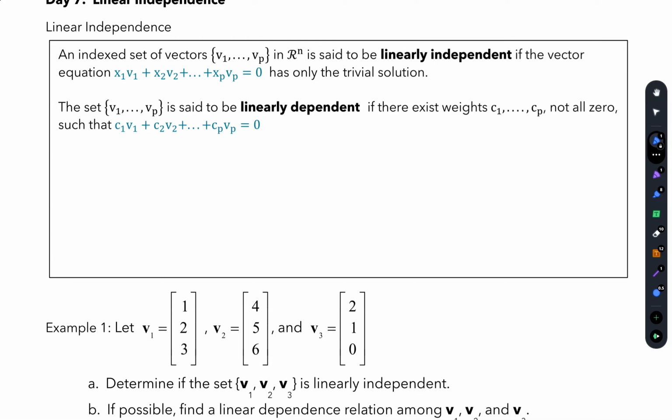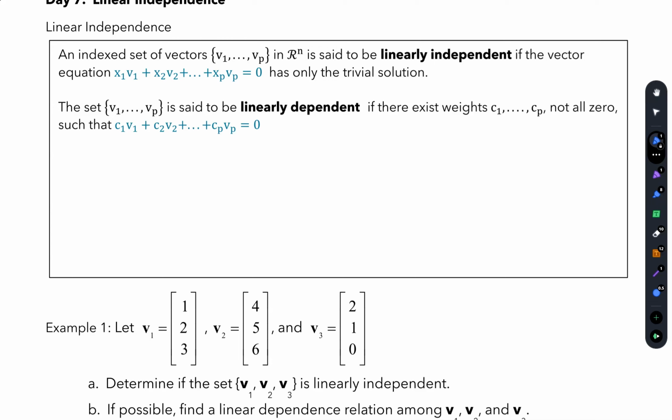An indexed set of vectors v1 all the way up to vp in Rn is said to be linearly independent if the vector equation x1 v1 plus x2 v2 plus all the way up to xp vp is equal to 0. So the sum of the vectors and their scalars is equal to 0. That means it has only one solution, and the solution is trivial. So that's linearly independent.